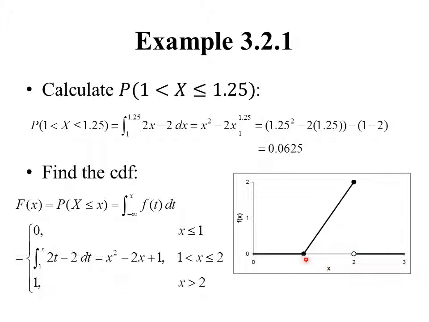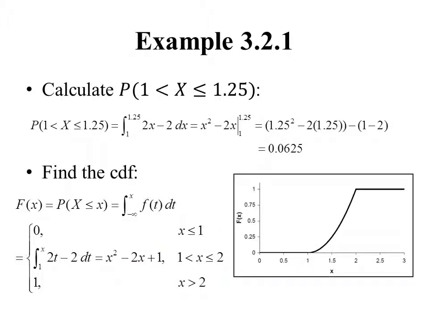Now if we choose x between 1 and 2, the area to the left is going to be the area underneath the small portion of this triangle. In terms of integrals, we're going to integrate from 1 to x, and this is our density function in terms of t rather than x. We integrate that using the fundamental theorem of calculus, and here we get a formula for the CDF for x between 1 and 2.